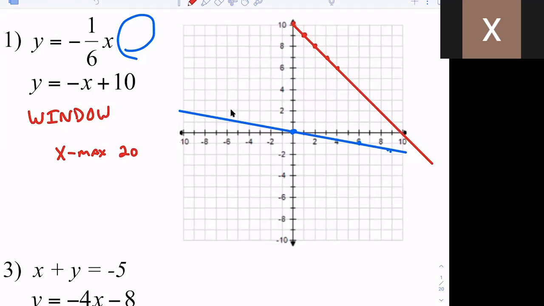Second calc, 5, enter, enter, enter. It should be one of the first or second one. Did you go to window? Do you see it now?